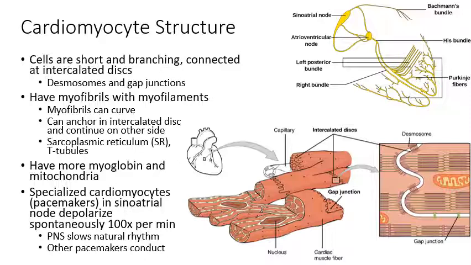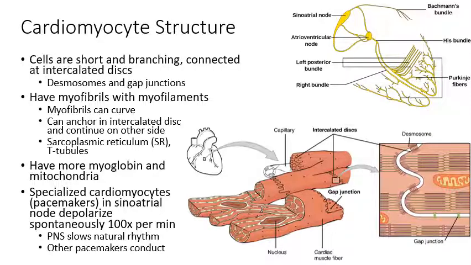And then mitochondria, of course, make ATP. So heart muscle cells have more myoglobin and more mitochondria so that they can use oxygen more efficiently to make ATP, so they can make more ATP because they have a lot of need for ATP, and it's very important that they never run out of ATP because then your heart would stop beating.